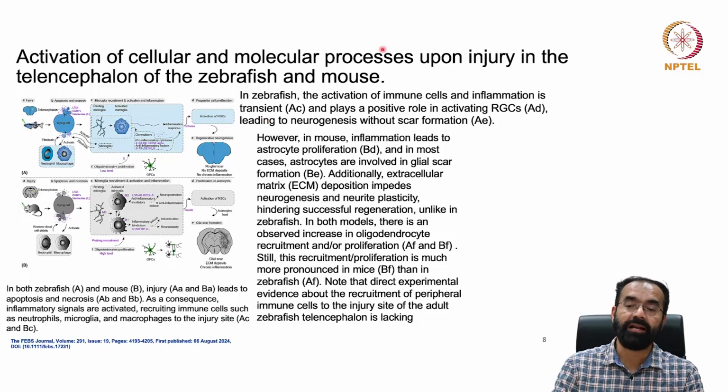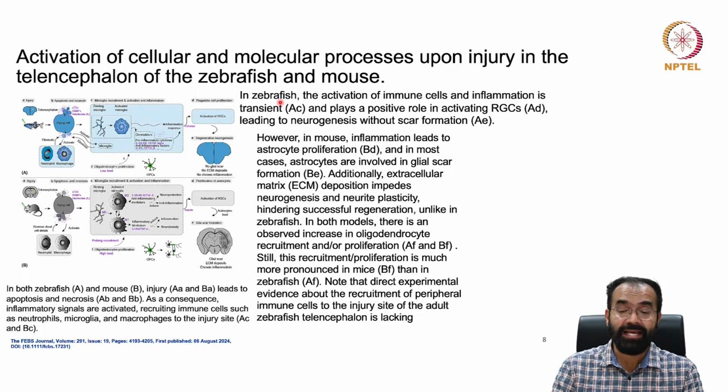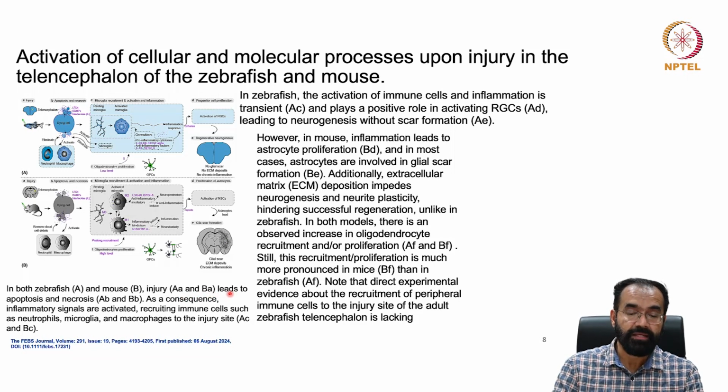But the regeneration context is slightly different. Activation of cellular and molecular processes upon injury in the telencephalon, when you compare it, you will see the difference. This you are seeing in zebrafish and mouse. This is the zebrafish top panel and the bottom panel is mouse. In both zebrafish and mouse, the injury area is given capital A small a and capital B small a.